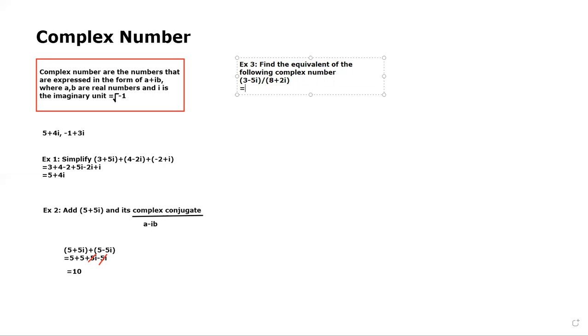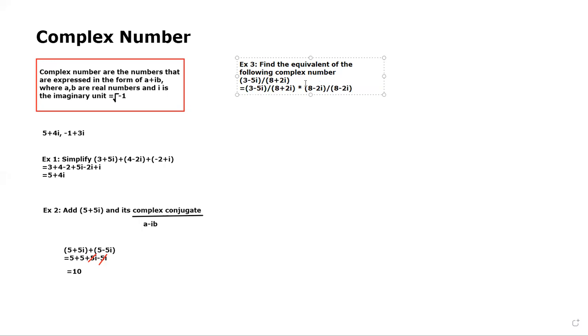That is, we get 3 minus 5i times the conjugate of 8 plus 2i, that is 8 minus 2i, divided by 8 plus 2i times 8 minus 2i.